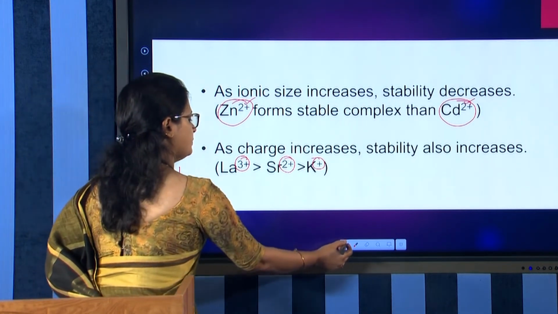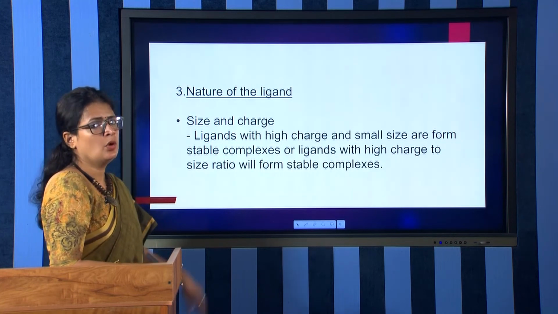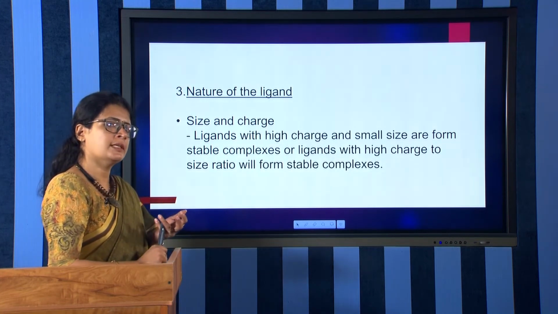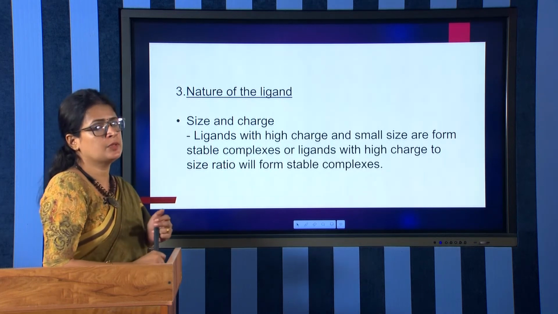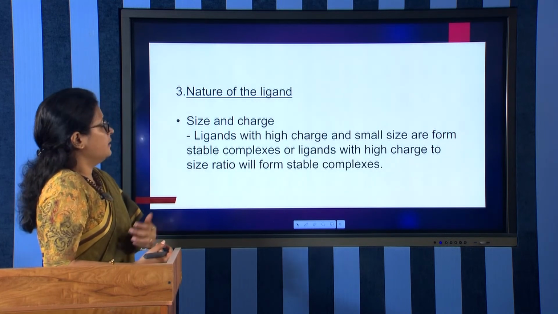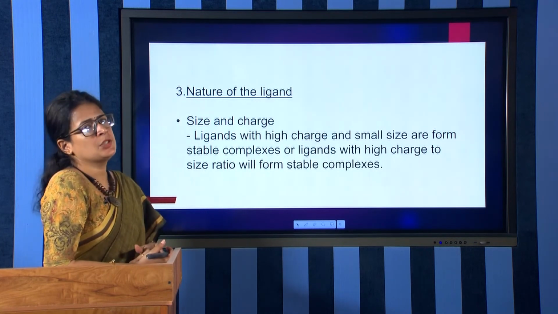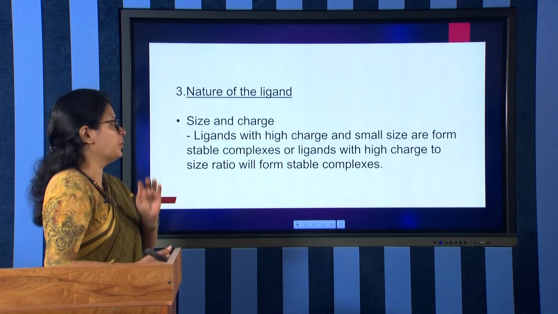And now, next is the nature of ligand. So, the first one was the environmental factor, that is temperature and pressure, the second was the nature of the central metal atom, and the third is the nature of ligand. In the nature of ligands, the first one is size and charge. Size and charge of the ligand will also be very important.